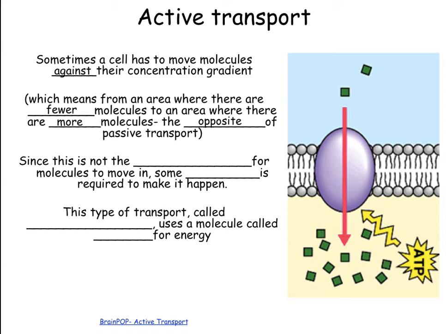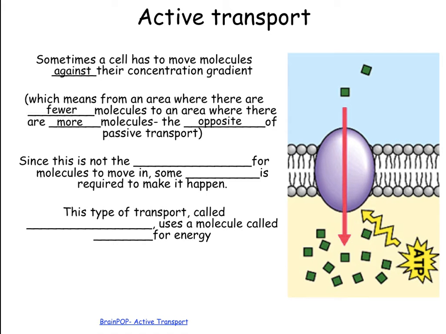Some examples of situations in which this might occur would be moving nutrients or glucose or salts into a cell that already has many of these molecules stored in it. All right, so let's look at the first picture here. First, we can identify that a concentration gradient is present.